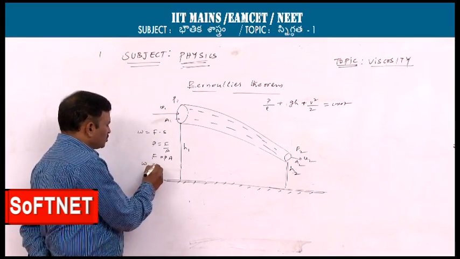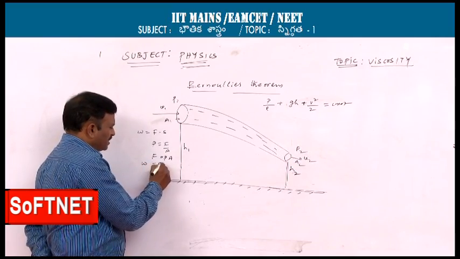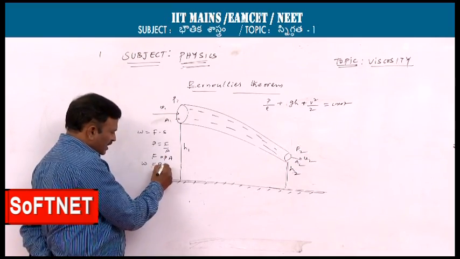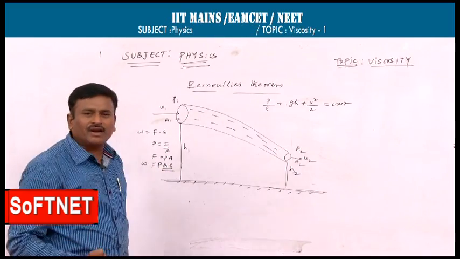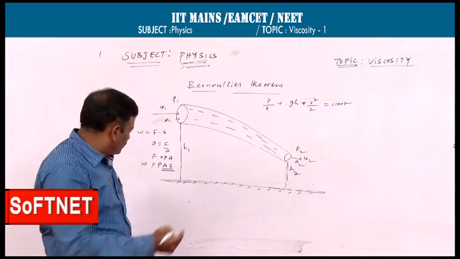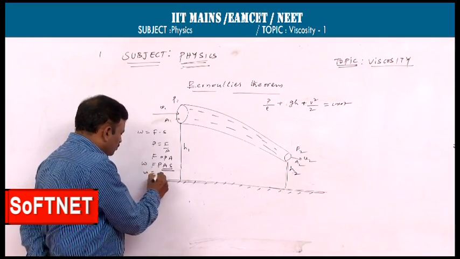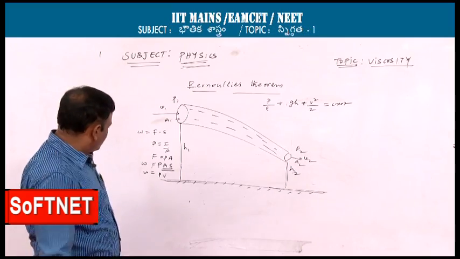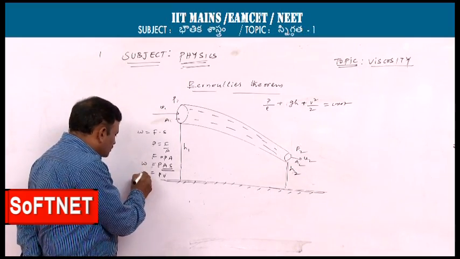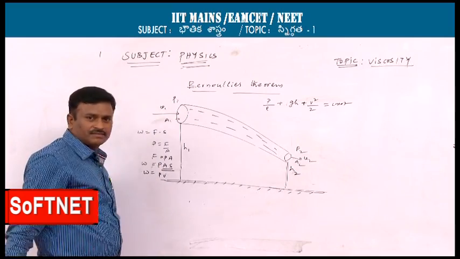The work done is equal to pressure into area into displacement. Area into displacement is the volume. So work done is equal to pressure into volume, the work done due to pressure.